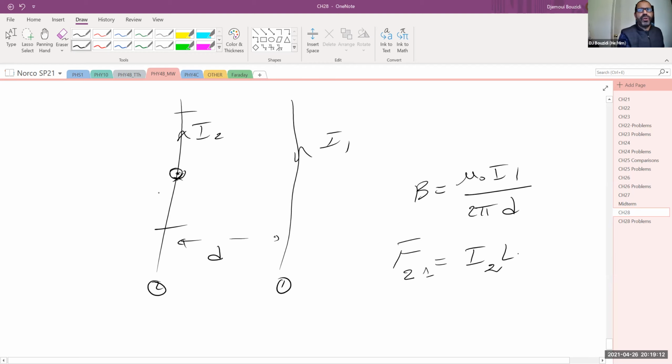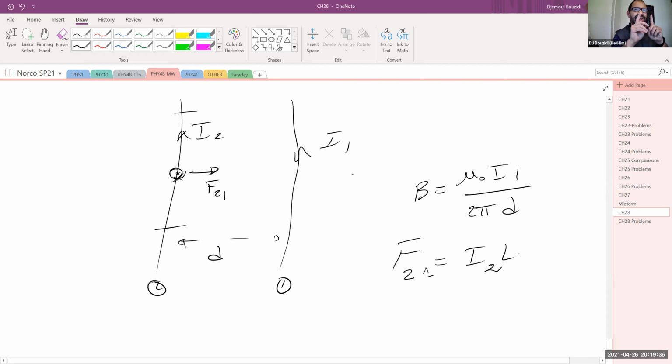First of all, it's perpendicular to both of them. The current is going up, the force is, I'm sorry, did I say repel? They attract. The current is going up, the magnetic field is coming out, so the direction of the force is going to be pointing this way. So this is F21. It's going to be attracted to the other wire.